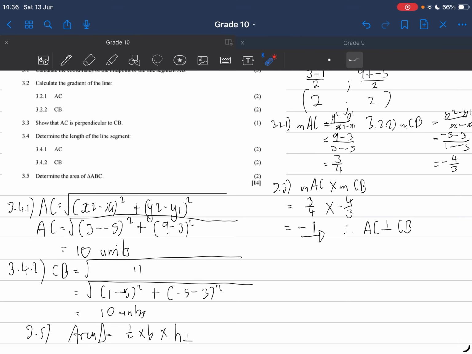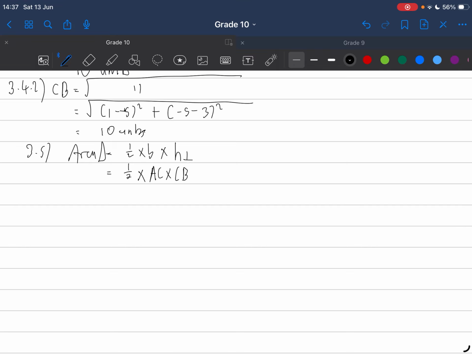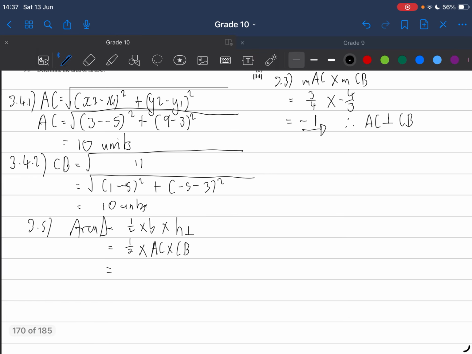This formula only works for right angle triangles, so this is a right angle triangle, it'll work. You have to multiply the two lines that are perpendicular to each other. So it's this line times this line. So it's equal to a half times AC times CB. And you've already found those distances.